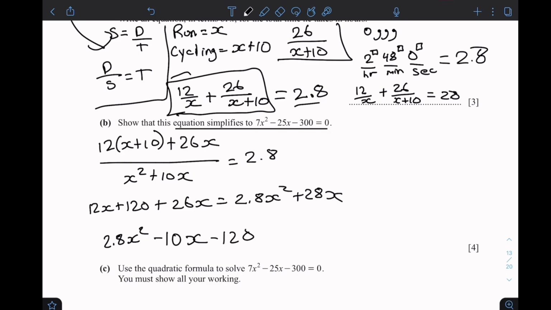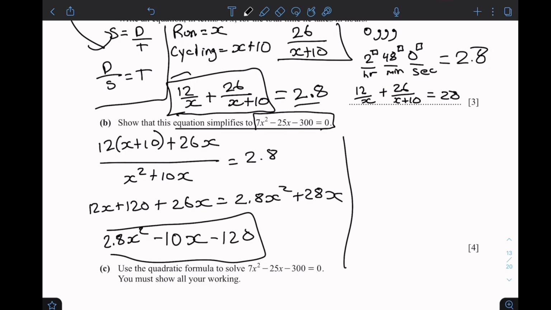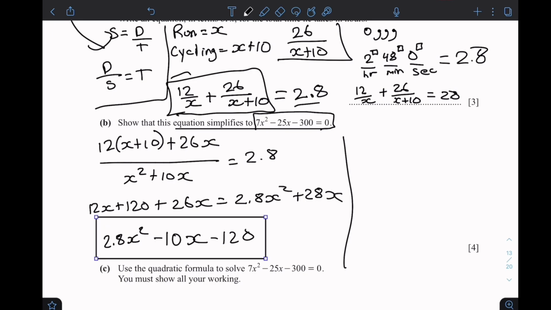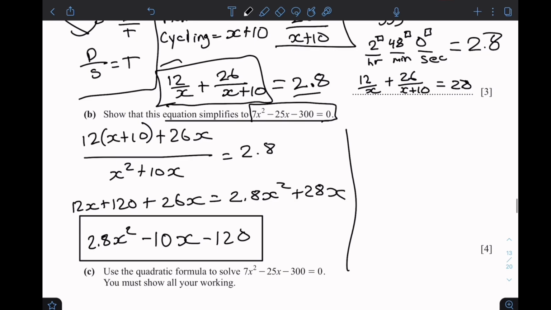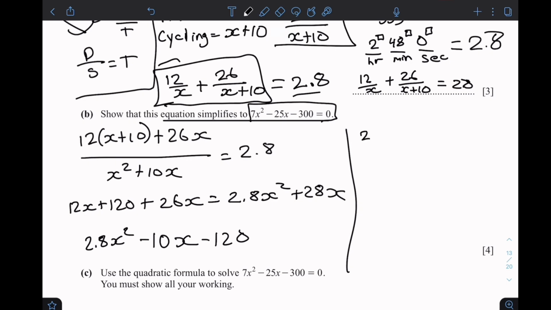minus 120. Now, if you realize, this 7x squared minus 25x minus 300 is equal to 0, and this is not equal. But you can make it equal by multiplying it by a certain factor. As you can see, if you do negative 25 divided by negative 10, you get 2.5.